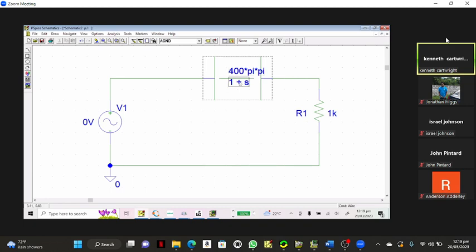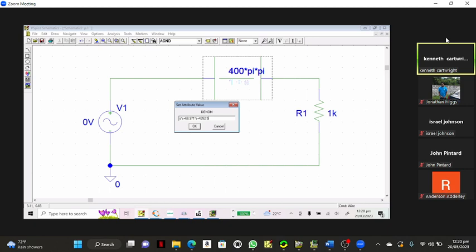And the denominator, S times S plus 68.971 times S plus 43,52.5, I believe.